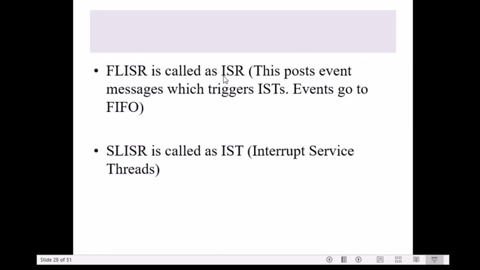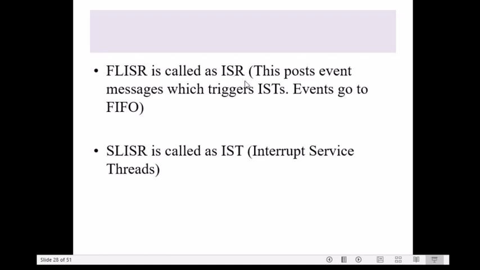So whenever an interrupt happens, the operating system calls the interrupt service routine. And what does the interrupt service routine do? It will generate some event messages. We had seen the generation of event messages in the previous method also.